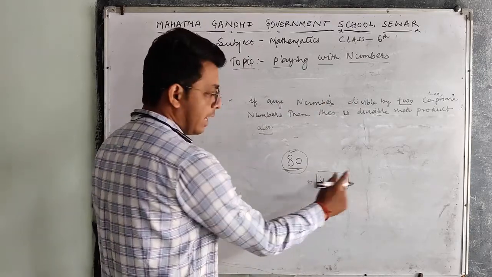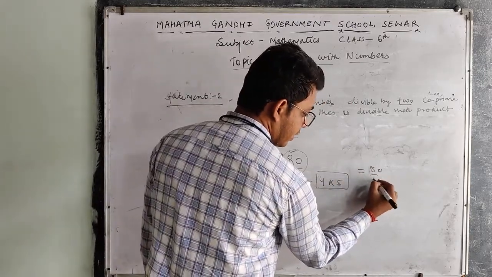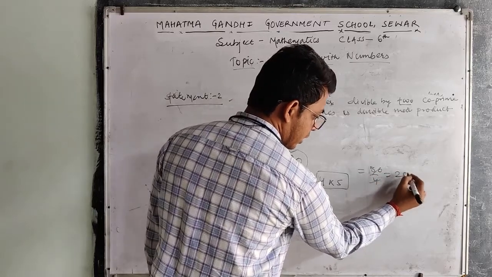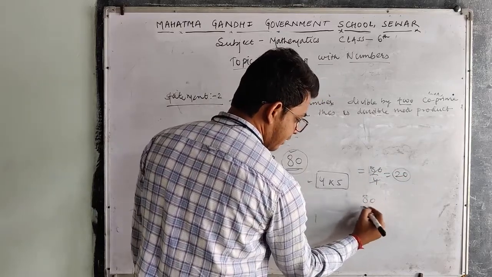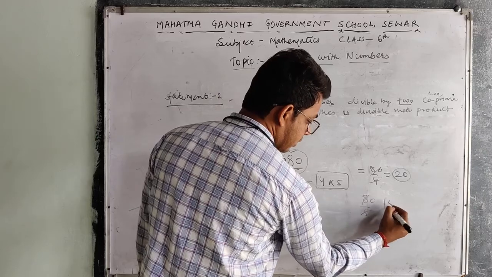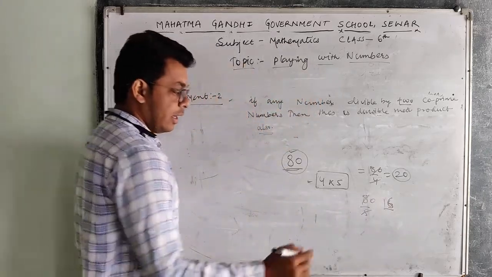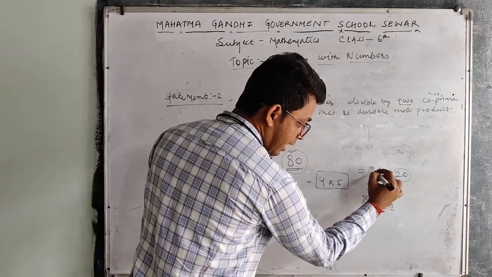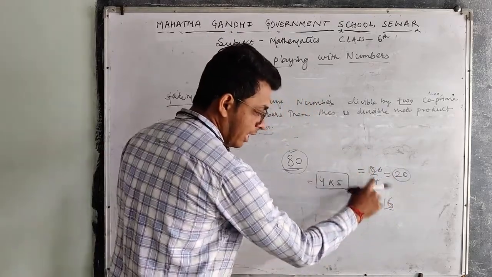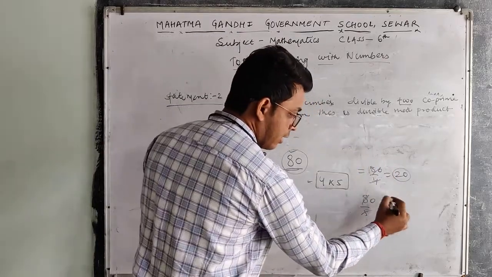If we divide 80 by 4, the result is 20. If I divide 80 by 5, the result is 16. It means 4 divides 80 and 5 divides 80 completely.